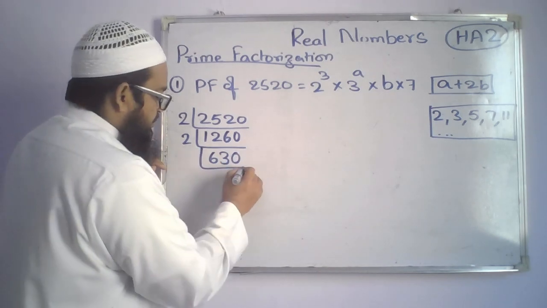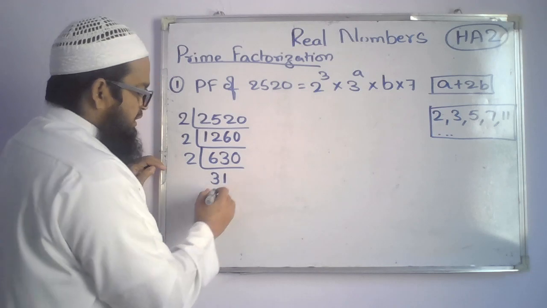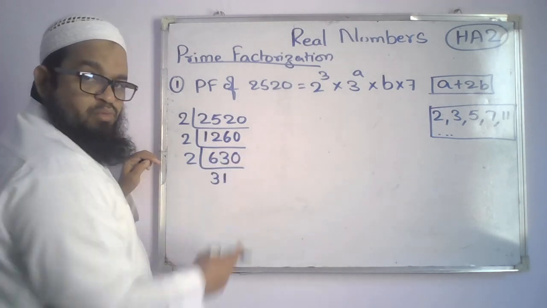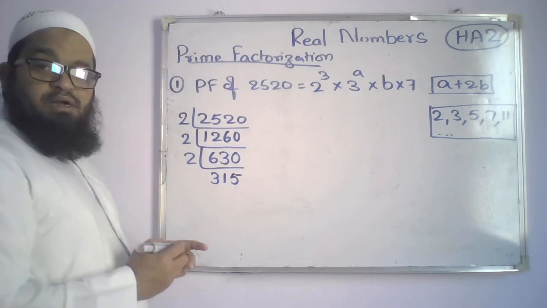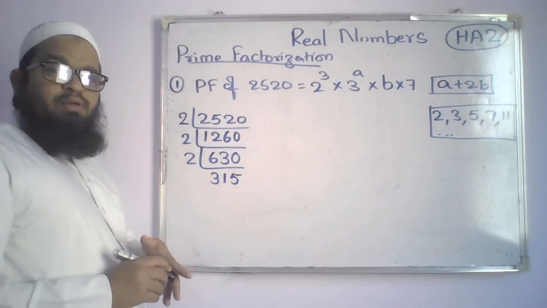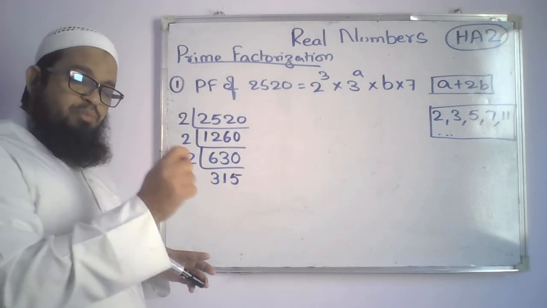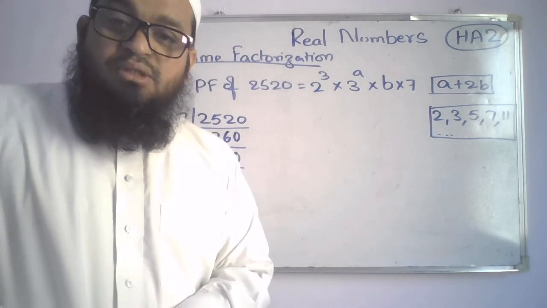Now this is also divisible by 2. 2 threes are 6, and 2 ones are 2, and 1 is remainder, 1 and 0 will become 10, so 2 fives are 10. It is now 315. It doesn't end with 0, 2, 4, 6, 8, so it will not be divided by 2.